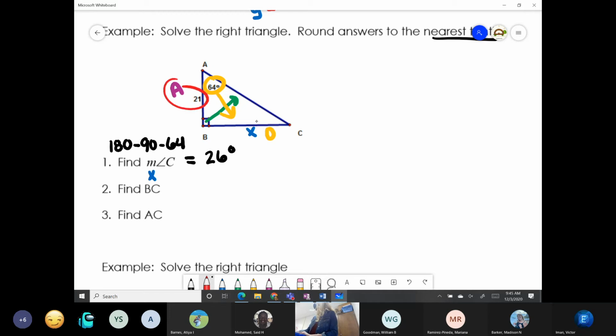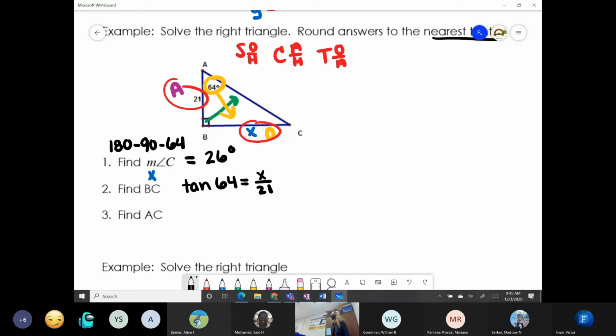A is by 21, X is by O. So if I think of SOH CAH TOA, I have O and A, so that's going to be tangent. So here we have tangent of 64 equals X over 21.